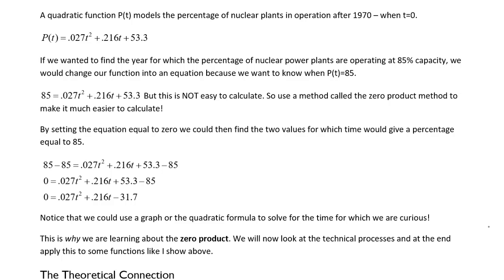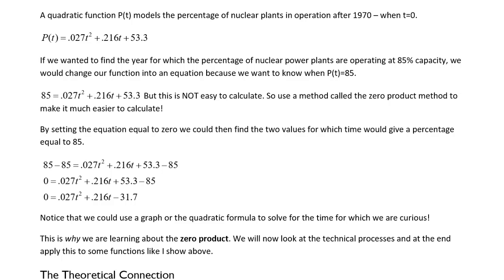So we use a method called the zero product method to make it much easier to calculate. We take that 85 and we subtract it from both sides. We call that setting the equation equal to 0. And by doing this, we could then find the two values for which time would give a percentage equal to 85. And you can see that process here.